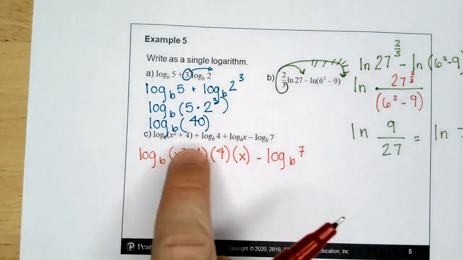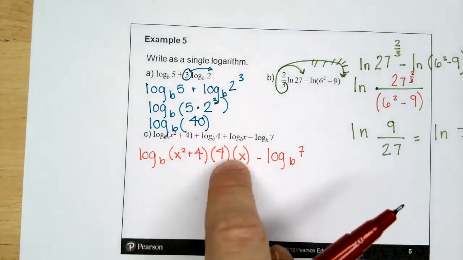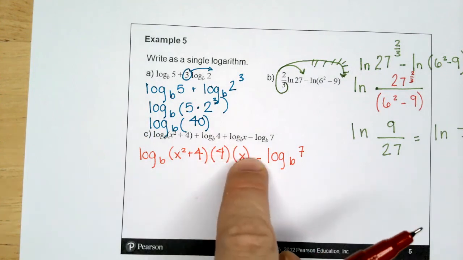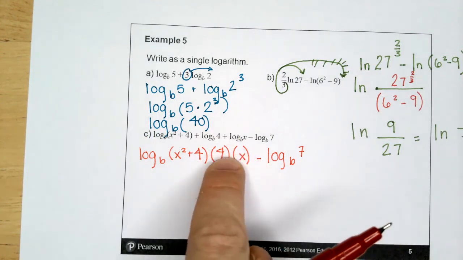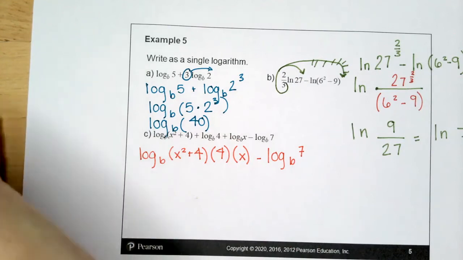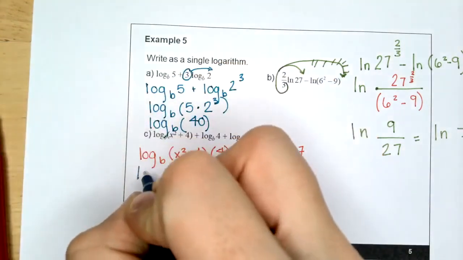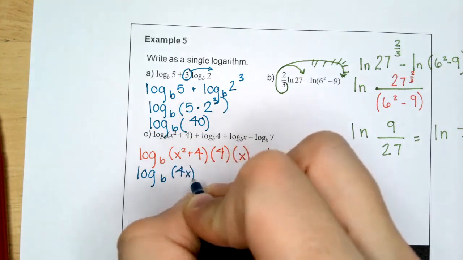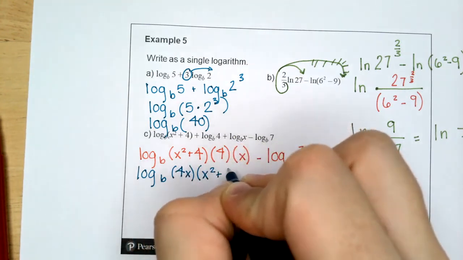Good. Now I'm going to multiply all of these together. The easiest way I think to do it is to multiply the 4 times the x. I get 4x. And then I'm going to distribute that 4x through. So I'll just do that real quickly. Log base b of 4x times x squared plus 4.